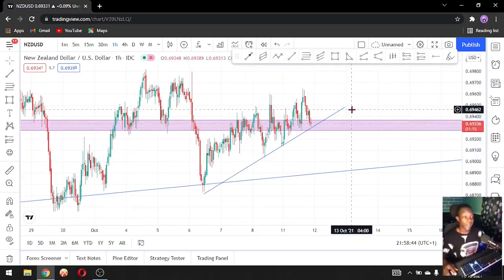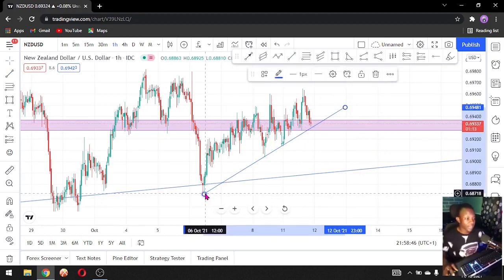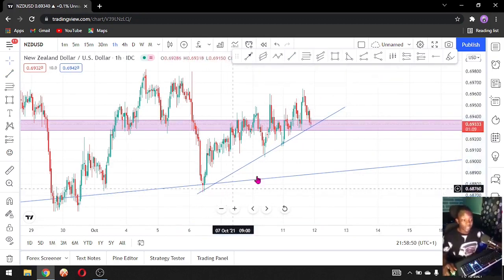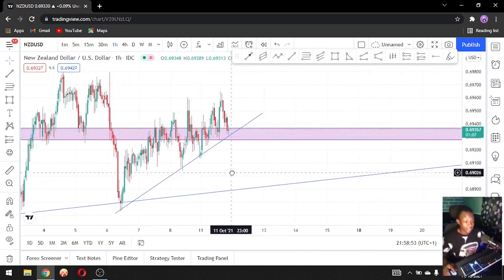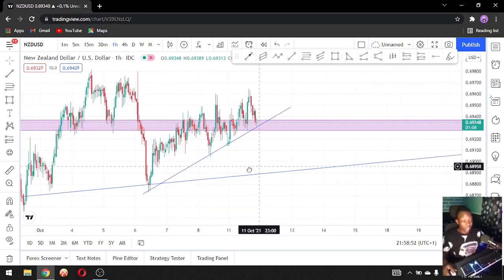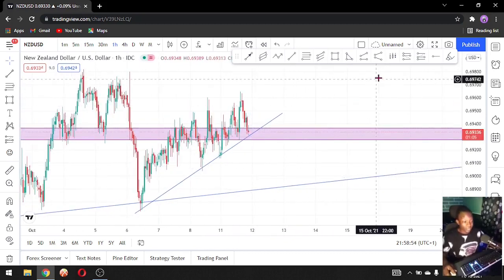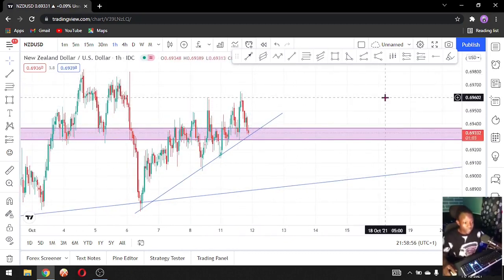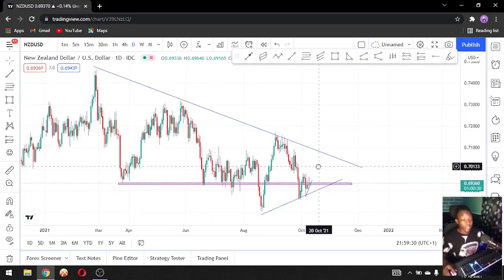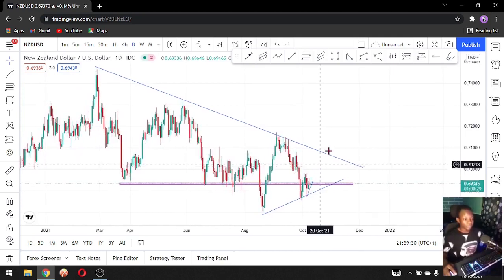Now, two reasons why I use multi-time frame analysis. The first, I get a better trade setup, and the second, I reduce stop loss distance. Let's say I'm looking to buy New Zealand US dollar because of this trend line and price broke this resistance. If I enter the market using the daily time frame, my stop loss will be huge, and the issue with this is that my risk reward ratio can be reduced.